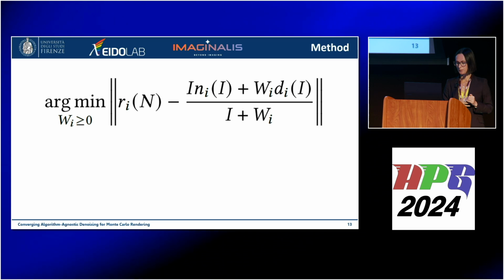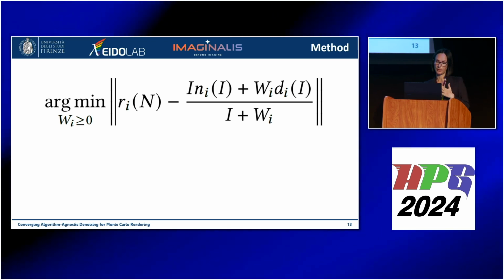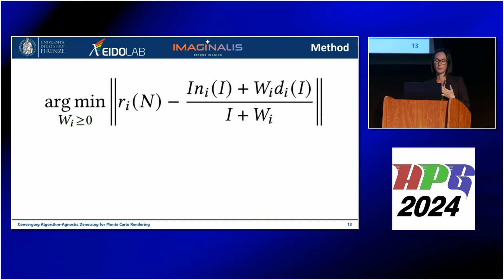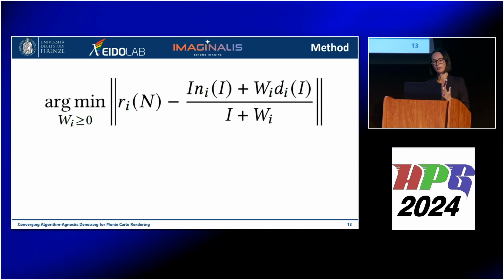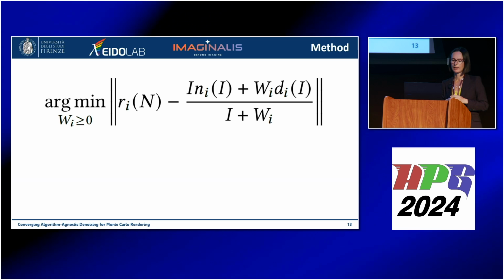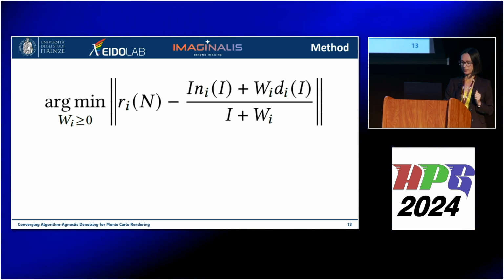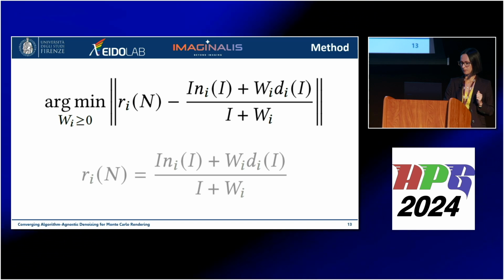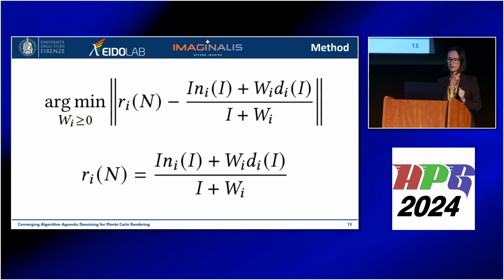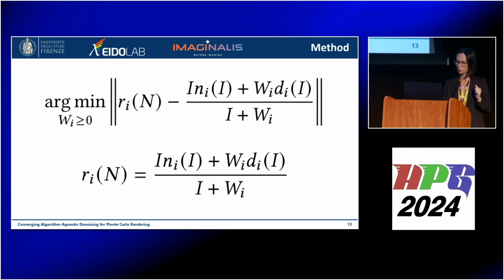Let's define the weight I of the noisy pixel n to be the number of the iteration at which this noisy pixel was obtained. So we need to find a non-negative weight w for the denoised pixel. As the norm is not negative, the solution of this problem satisfies the following equation.